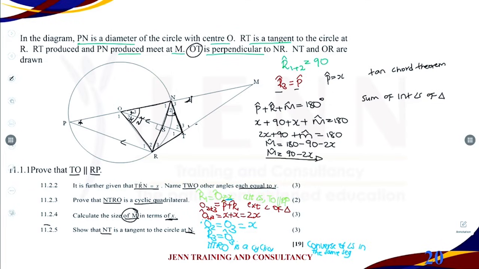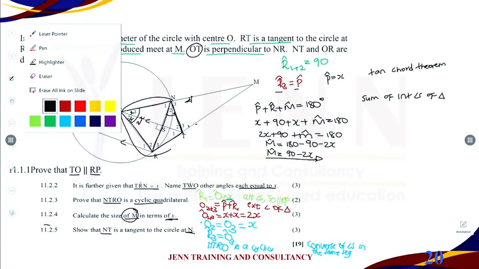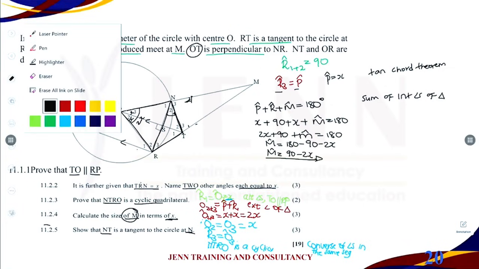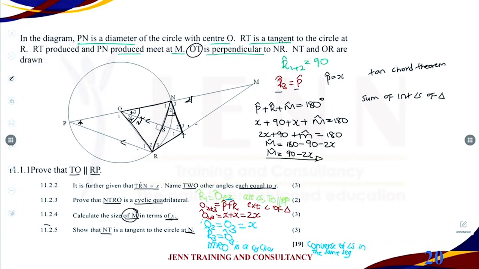Now, what we know is that NTRO is a cyclic quad. It simply means we do have an imaginary circle there, which is not drawn. So we know at the back of our minds that we do have an imaginary circle.